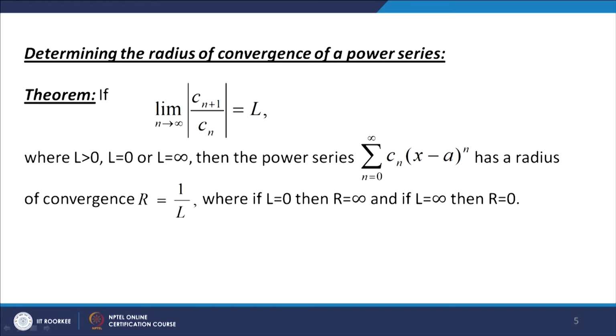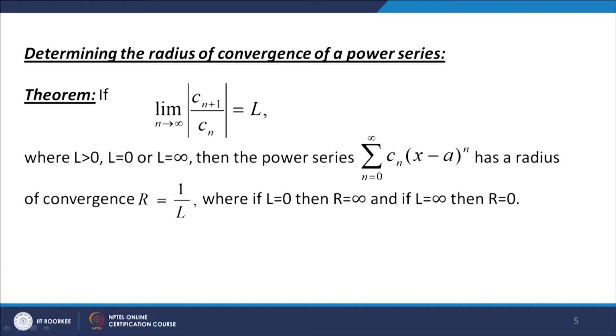If this limit is equal to L, where L is of course non-negative, because we are taking the limit of positive real numbers, so L is greater than 0 or L is equal to 0 or L could even be infinity, then the power series will have the radius of convergence r equal to 1 by L. So, if it gives L equal to 0, then r will be infinity, and if L is equal to infinity, then r will be equal to 0.